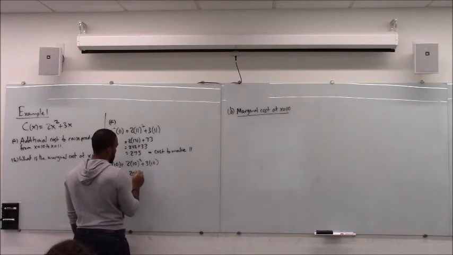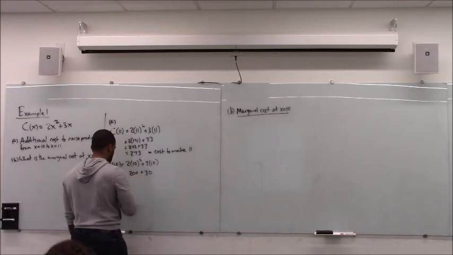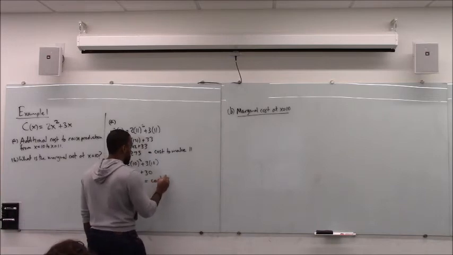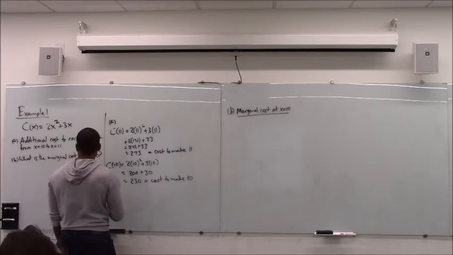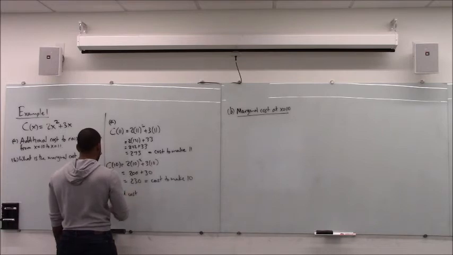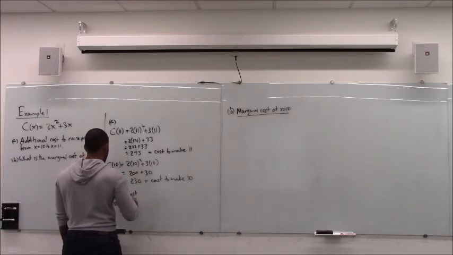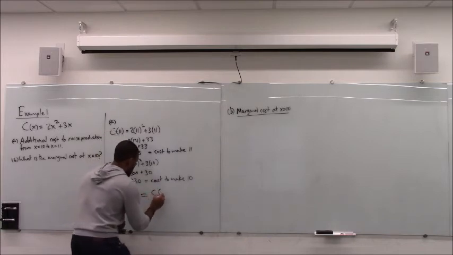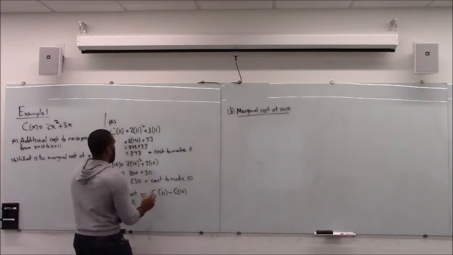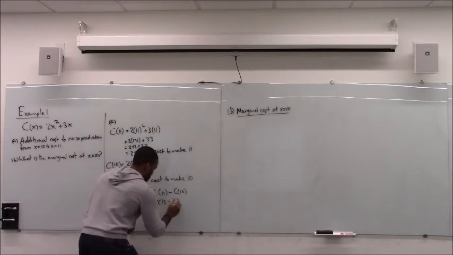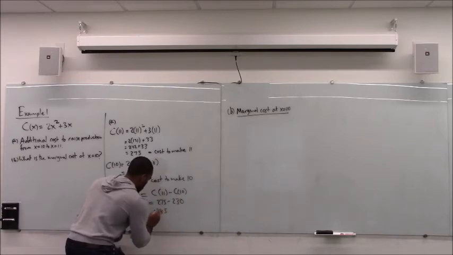It's going to be 200 plus 30, 230. That means the additional cost from 10 to 11, well, that's just equal to C of 11 minus C of 10. 275 minus 230, 45, right?